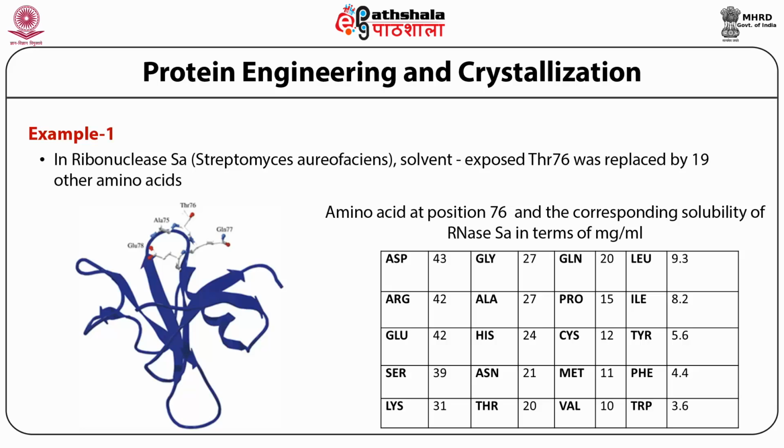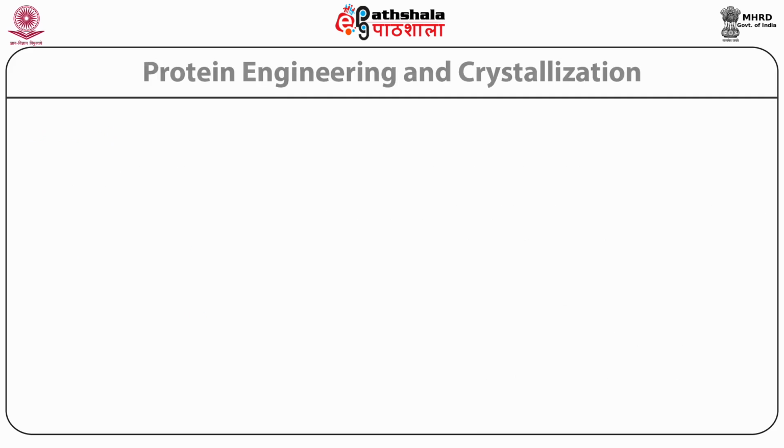It is 43 milligram per ml. So such mutations can be done to increase the solubility, so that the protein is eligible to reach such high concentration. Obviously, this protein can then very easily be taken for crystallization experiments.